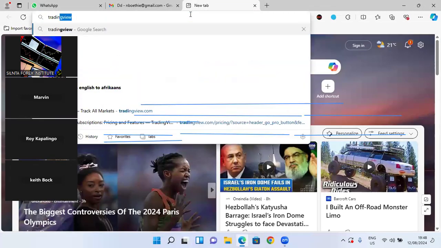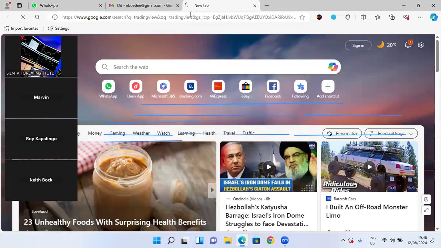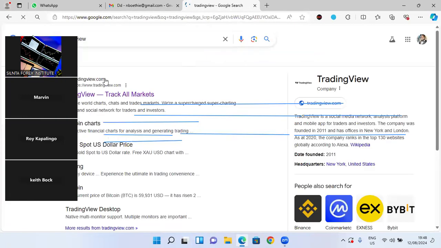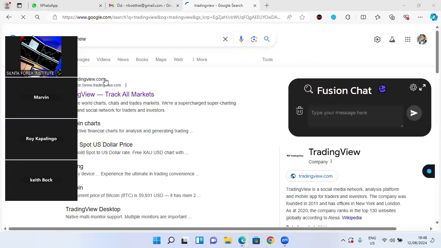I do not have MT5 on this laptop, but let me try to access TradingView just to show you low and high volatile markets.